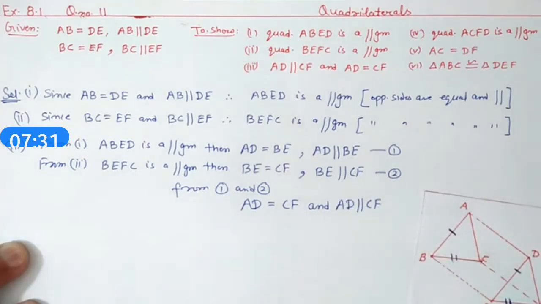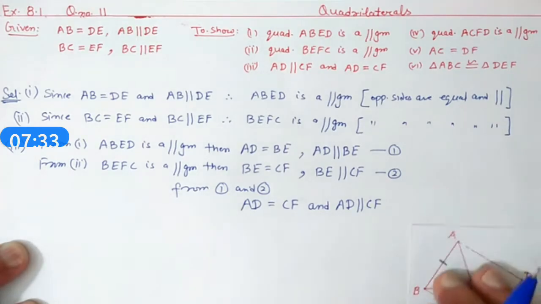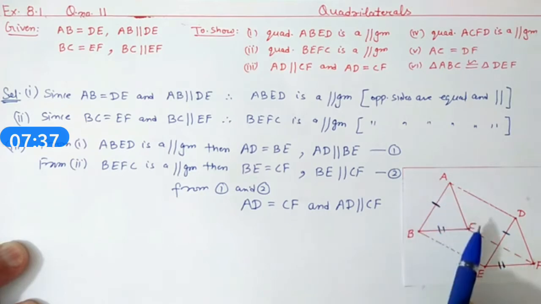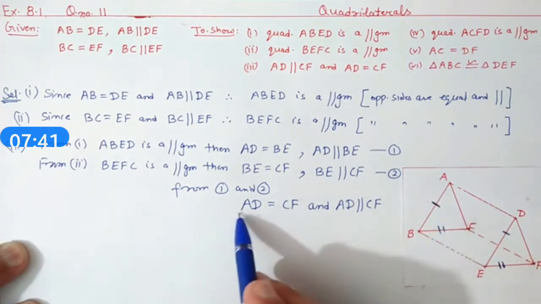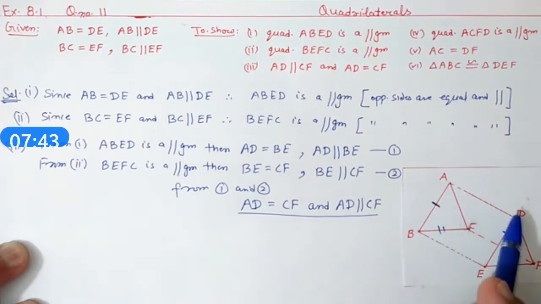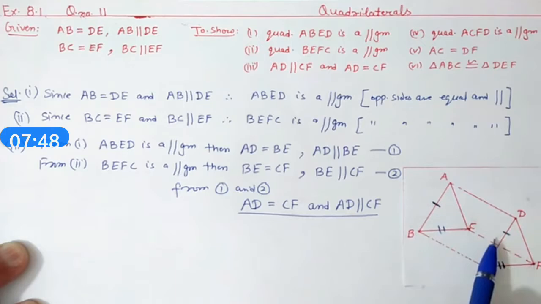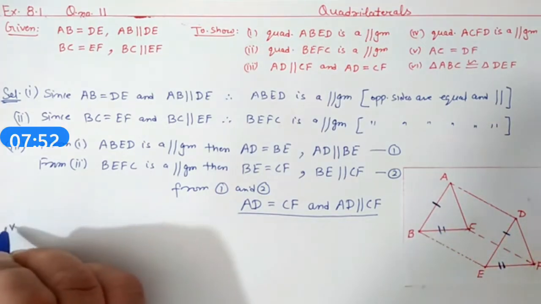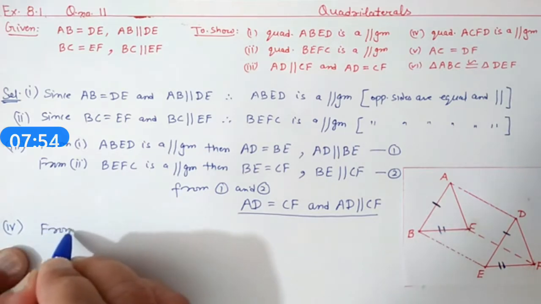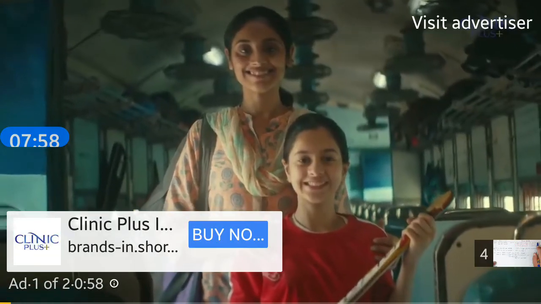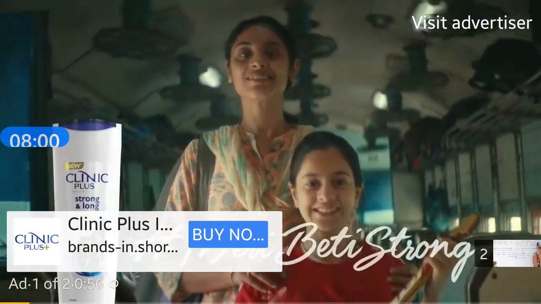Now for the fourth part. This is completely dependent on part third. In part third we have proved that AD parallel to CF and AD equals to CF. So only this thing we have to mention again for showing this ACFD is a parallelogram. So for the fourth part you will just write AD equals to CF and AD parallel to CF.